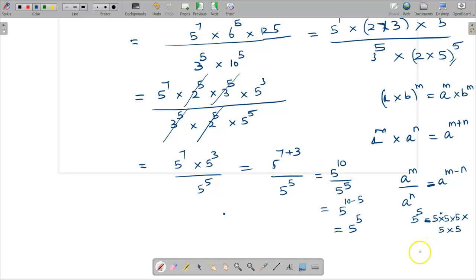So 625 into 5. 5 5s are 25, here it is 2, 5 2s are 10, 10 plus 2 is 12, and then balance 1. 6 5s are 30, 30 plus 1 is 31. So it is 3125. So 5 power 5 is nothing but 3125. This is the final answer for the second subdivision.